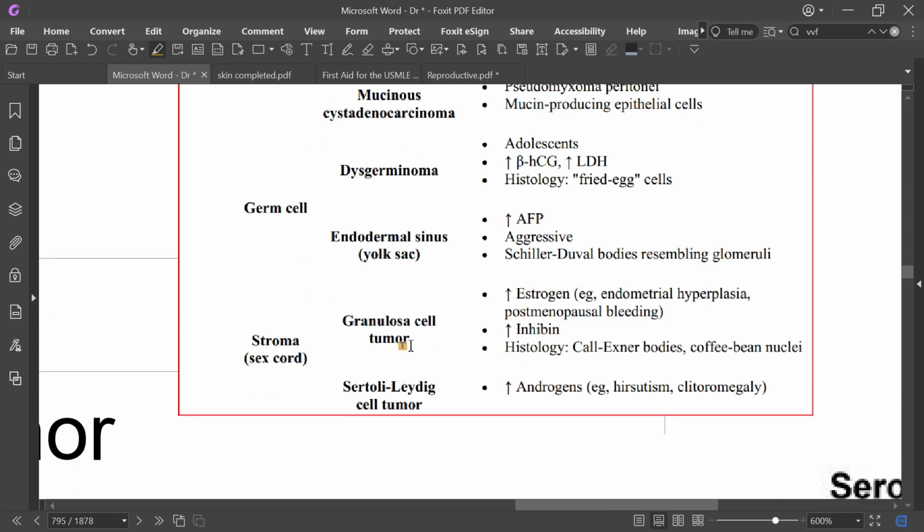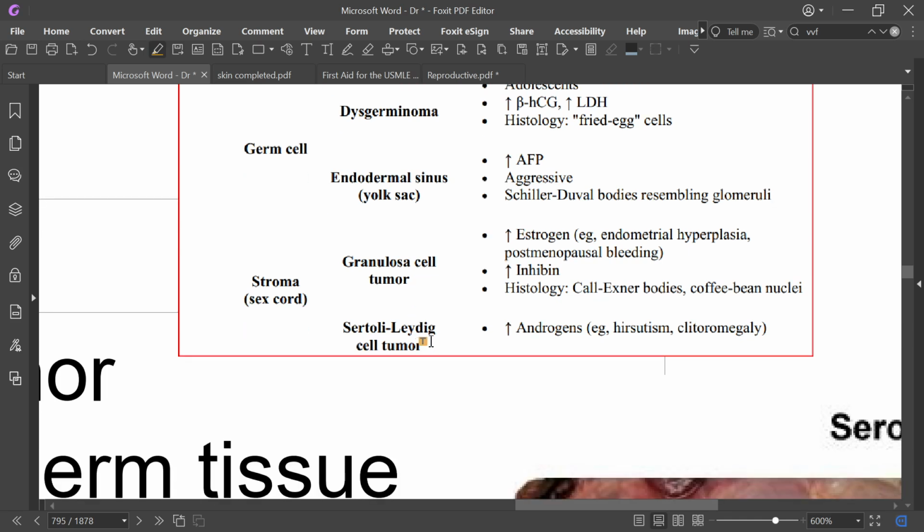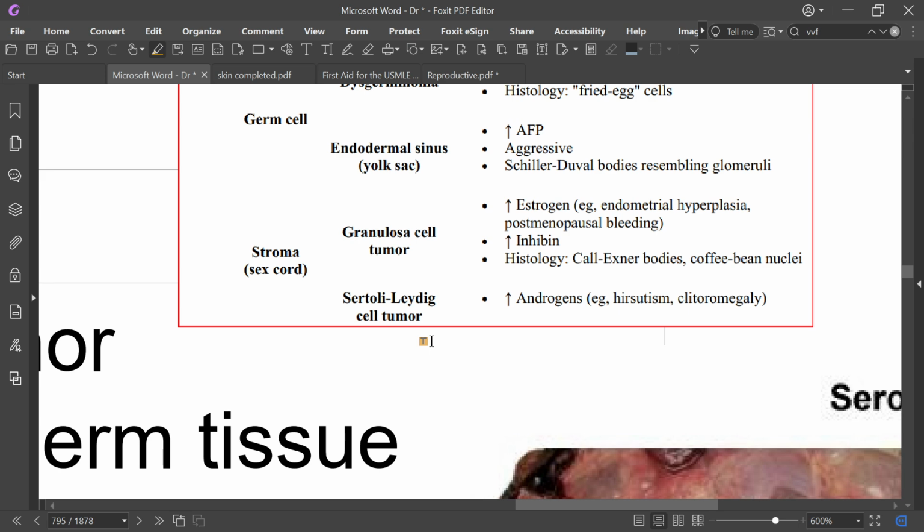Germ cell tumor: yolk sac tumor has high alpha fetoprotein, is aggressive, and has Schiller-Duval bodies resembling glomeruli. Sex cord stromal tumors: granulosa cell tumor and Sertoli-Leydig cell tumor. Granulosa cell tumor has increased estrogen and inhibin, with Call-Exner bodies and coffee bean nuclei on histology. Sertoli-Leydig cell tumor has androgen excess, hirsutism, and clitoromegaly.